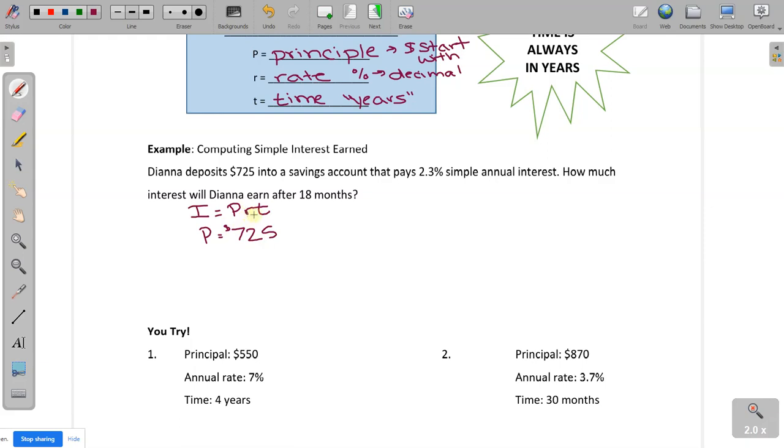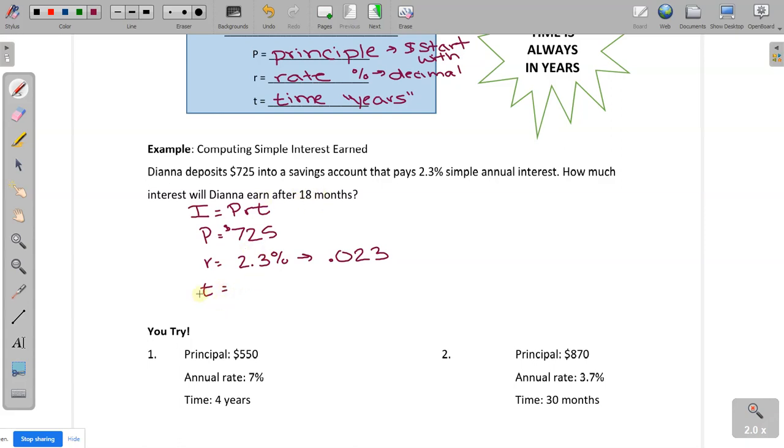Our rate, our R, is 2.3%. But we have to change that percent to a decimal. So we need to move it over 2 places to the left. So we get 0.023 for our rate. And then lastly, time.